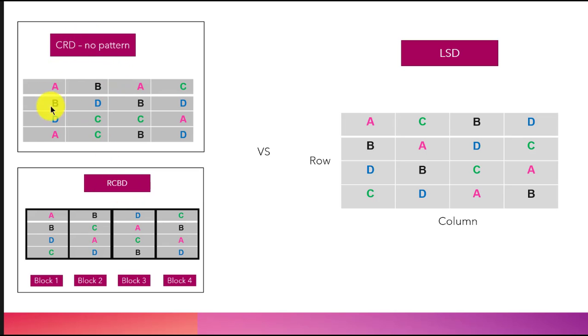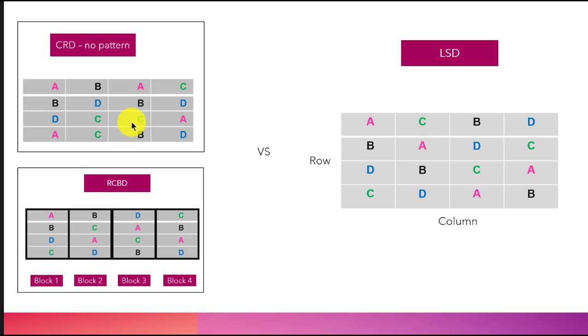If you look at this picture, there are four treatments in different plots. The four treatments are A, B, C and D, and you can see there is no pattern at all. Treatment A is here, here, here and here, and I don't think you can notice any pattern. B again is here, here, here and here, with no pattern.